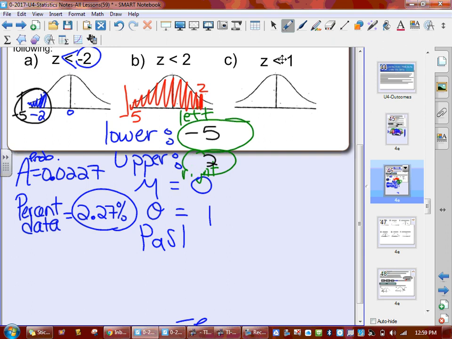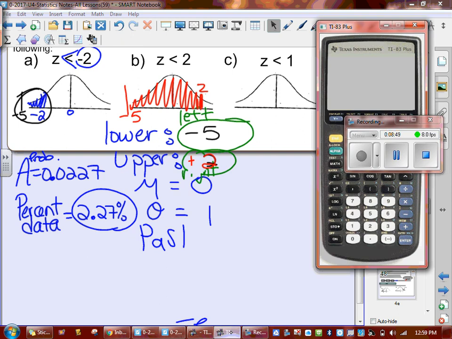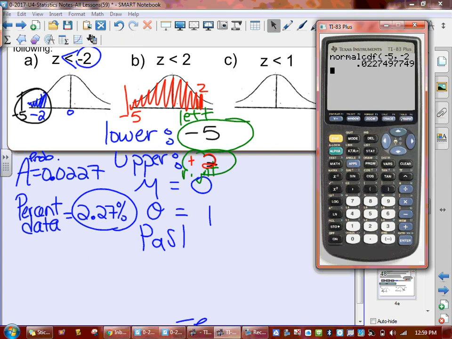Okay? So in my calculator now, I don't want to retype all those buttons. So you're going to do something different in your calculator. It's called second enter. If you hit second enter, it'll retype what you just typed. Okay? It'll back it up a step. So now you just have to move your cursor over, delete the negative sign, and now we have our answer.